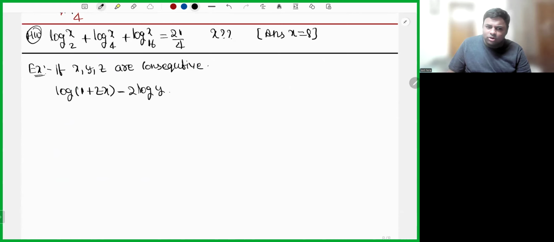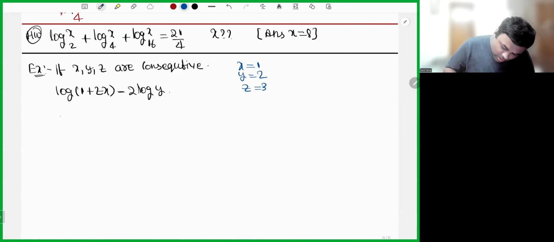You can take any three consecutive numbers. Let's take X equal to 1, Y equal to 2, Z equal to 3. Okay. Log 1 plus Z into X, 3, minus 2 log Y, which is 2. So log 4 minus 2 log 2.